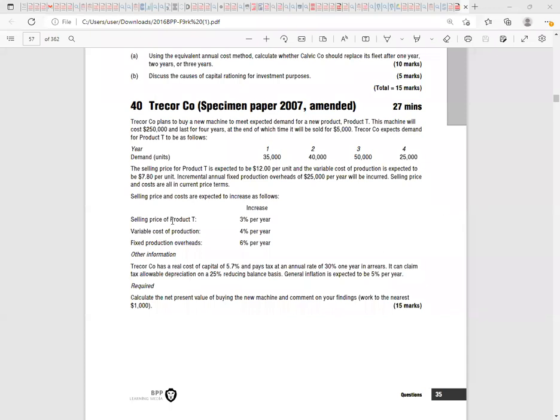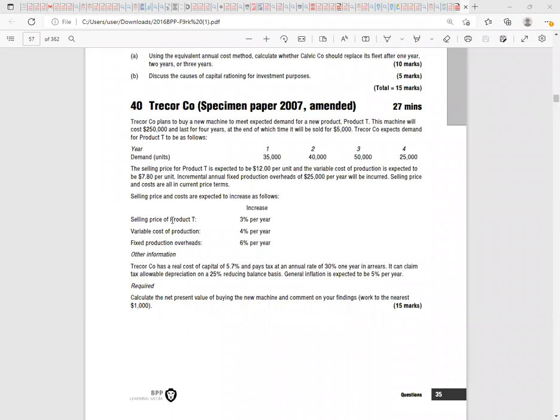Let me show you the question, because I have a video. The trigger company plans to buy a new machine to meet expected demand for a new product, product T. This machine will cost $250 and last for 4 years, at the end of which time it will be sold for $5,000.